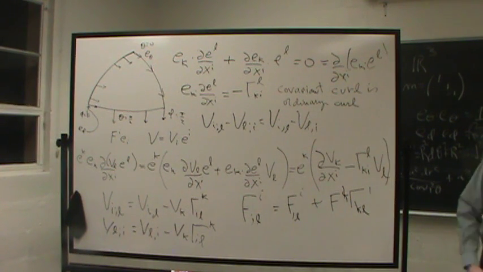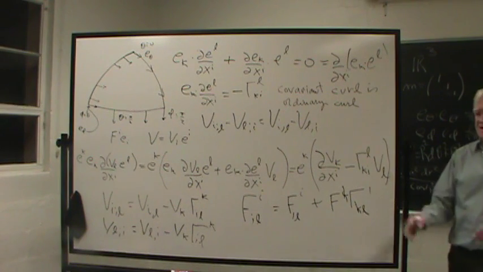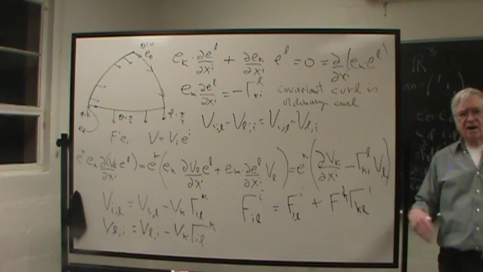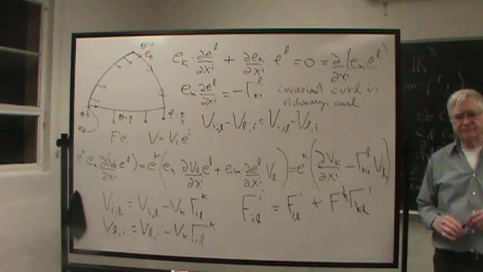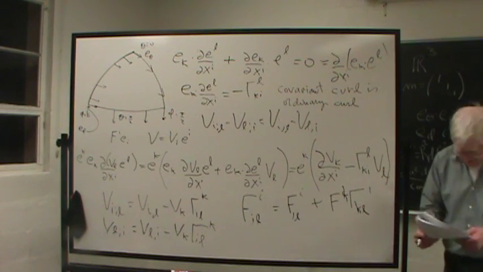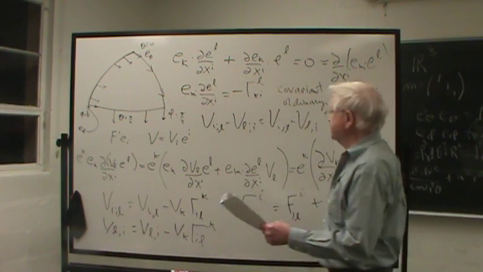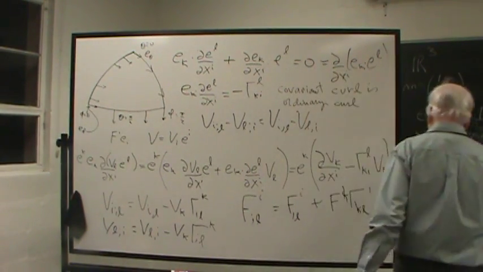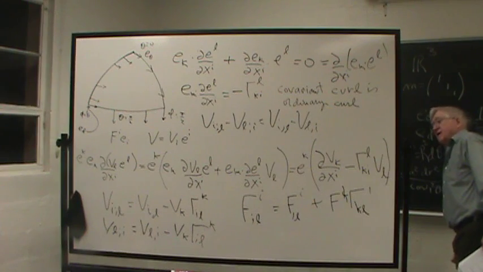So what happens if you have a tensor? Well, if you have a tensor, you just use the same rules. You just generalize these rules to the tensor case. Maybe I should just give an example. How much space do I have on the back side?